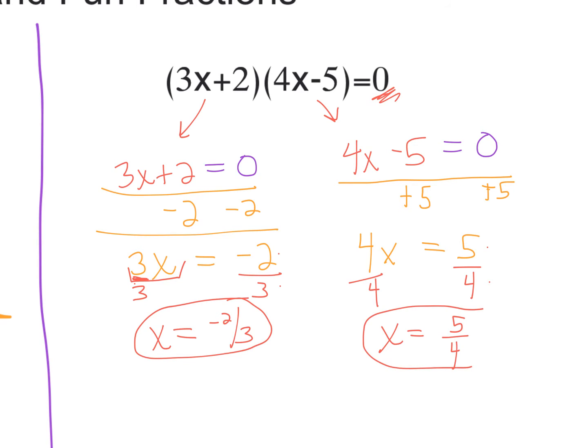Now if you want to, yes, you can convert that to 1 1/4, but I think it's a lot easier just to leave it like this. But again, that's up to you. I would leave it like this because as we've seen in the past, like with a system of equations, if I have to plug that 5/4 back into the equation, it's easier to use 5/4 than 1 1/4. So there are our roots to this problem.